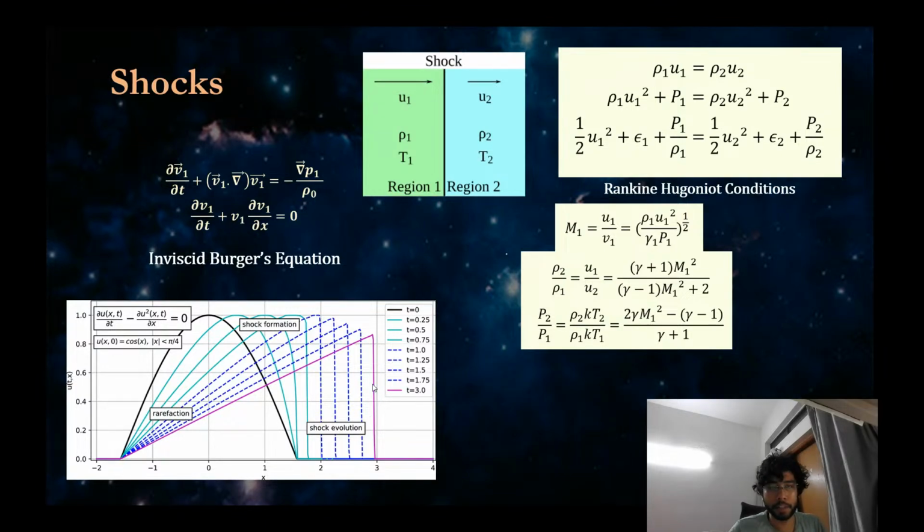And the matter will become dense over here, and there is a sharp fall in velocity as well as density and pressure and all those parameters, which we'll see later on how they behave in the pre-shock and post-shock regions. But this is what a shock is basically.